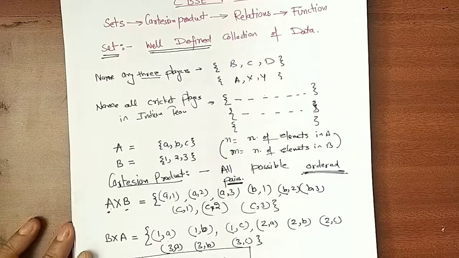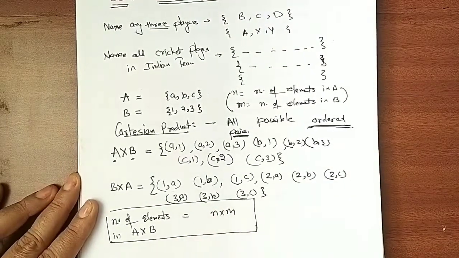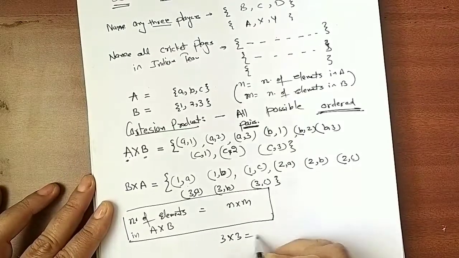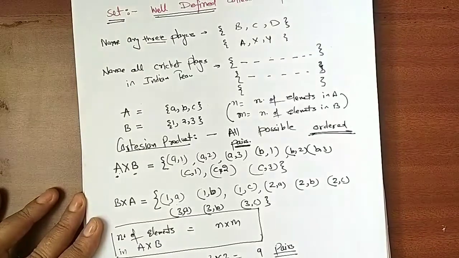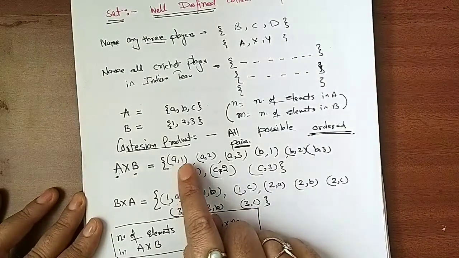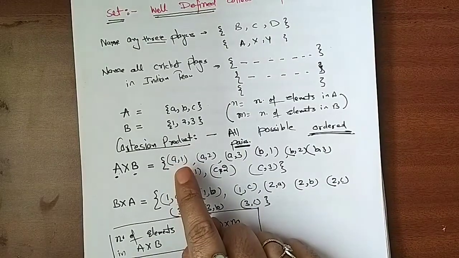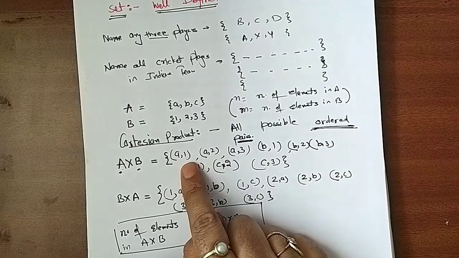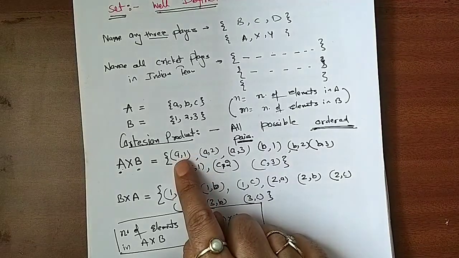So I will give you an example here. Here all possible ordered pairs are 3 cross 3, 9 possible pairs. But out of this, I make a relation where, suppose the first element is x and the second is y. If I say that the y element shows the position of the alphabet in the English alphabet list, that is the relation.